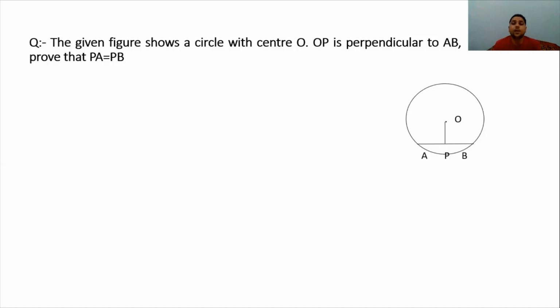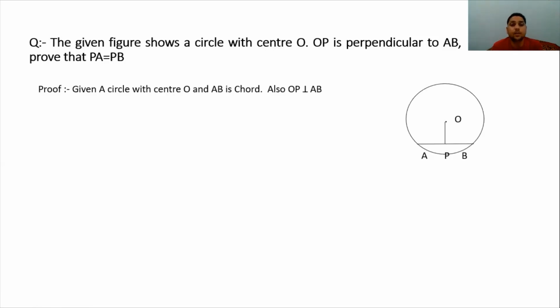When we say that OP is perpendicular to AB, that means angles OPA and OPB both measure 90 degrees each. What we have to prove is that the distances from P to A and from P to B are the same, so we have to prove that PA is equal to PB.